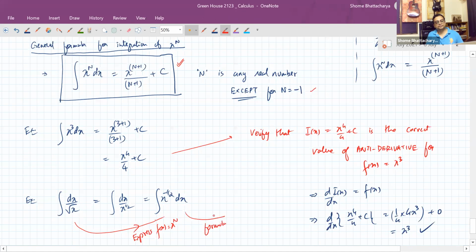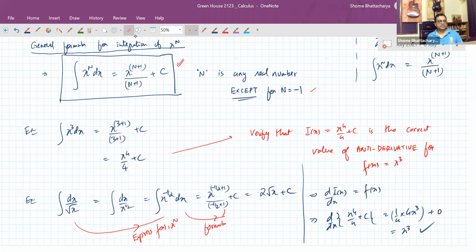Next step. So when we apply the formula here, we will get x to the power minus half plus 1 upon n, or minus half plus 1 plus c. So that is telling me that this should come out to be 2 root x plus c. Now you can always verify yourself that this is the correct antiderivative of this one.